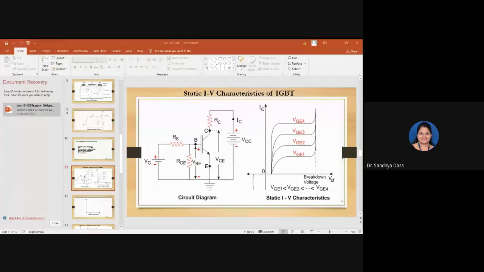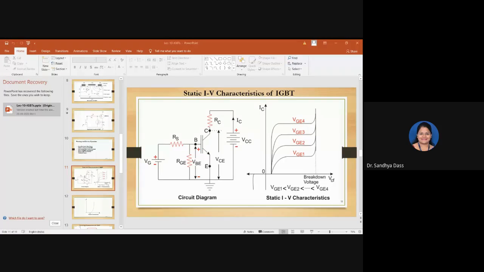VDD versus ID? VDS, I'm talking about BJT, Carlton. IB is constant, yes, correct, very good. So what is in X and Y axis?